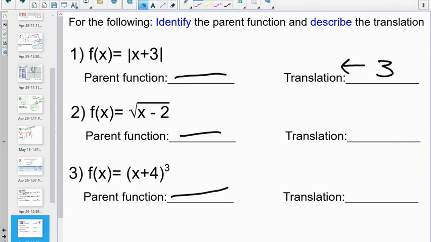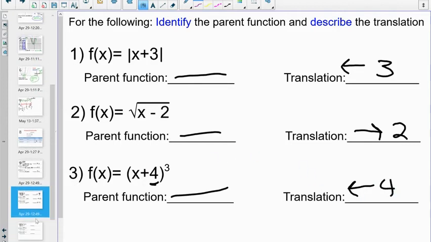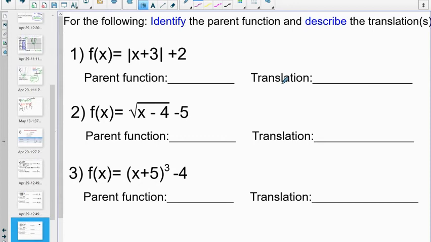So we're going left 3. If it's minus within that grouping, it's going right. So right 2 units. And then since it's plus, left, what's the value? 4. Awesome.